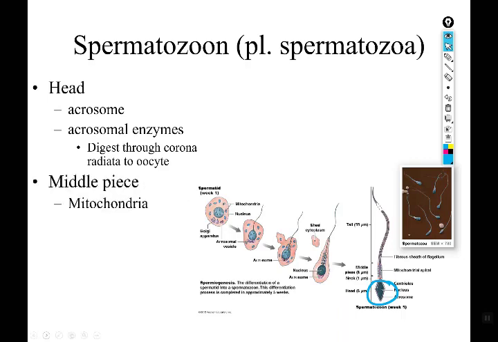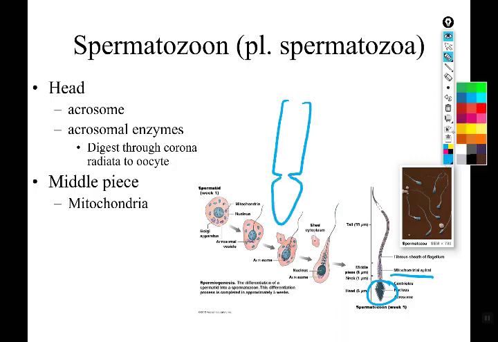The middle piece is also called the shaft or rotor shaft, and this has mitochondria in it arranged in a spiral. So if I were to draw this a little bit bigger, you would see the mid piece looks like this, and then let's draw ourselves a head.